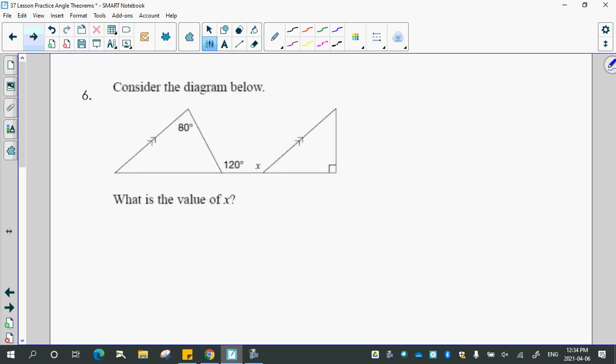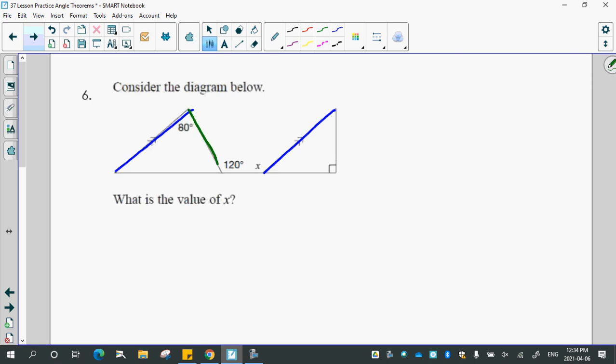Anyone think they've got any ideas that would help us? Since the lines are parallel, the angles are going to be the same. Which angles? So the 80 degrees is going to be the same in the right triangle in the top right corner. No, wait, no, because that's not straight up and down. Do you see that? Yes, I see that too. A lot of people did do that, but you see that.